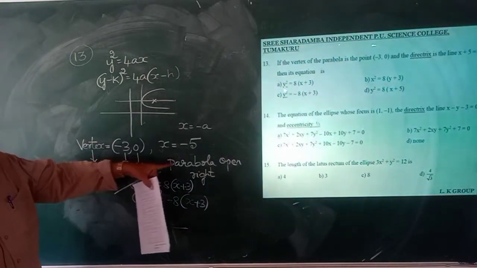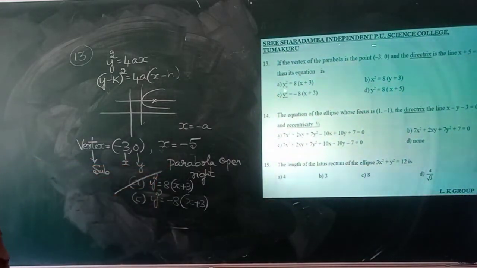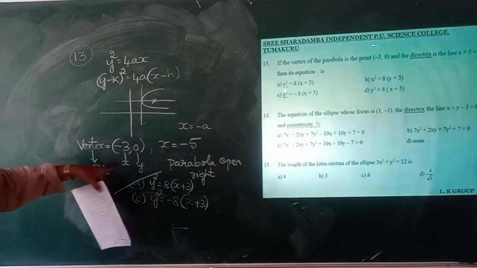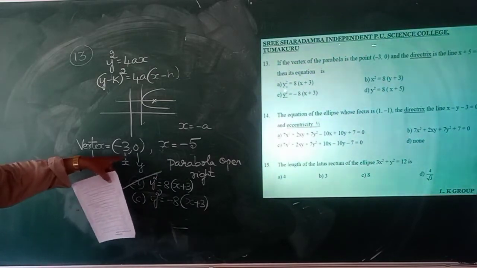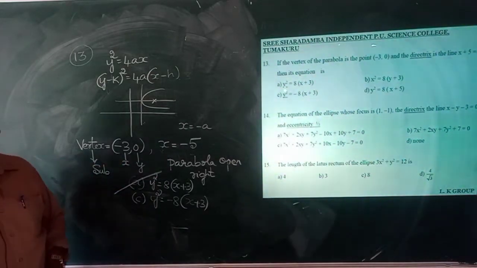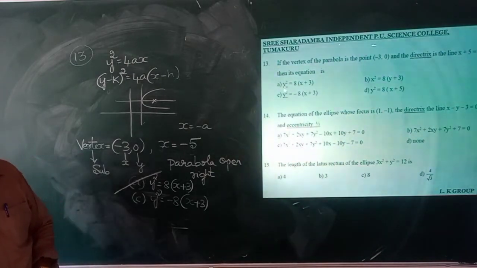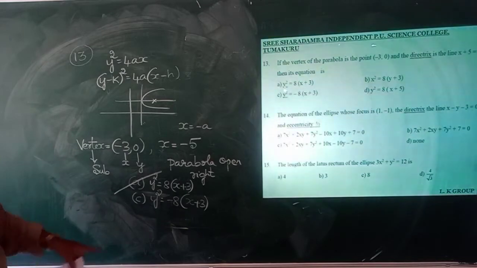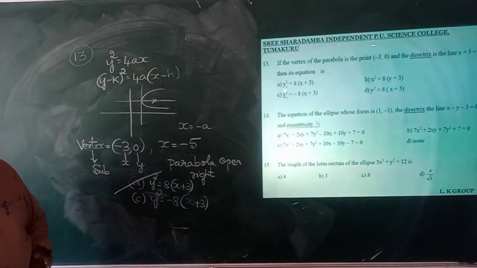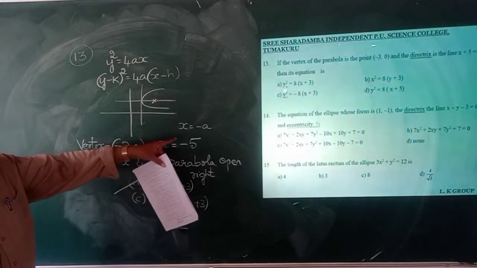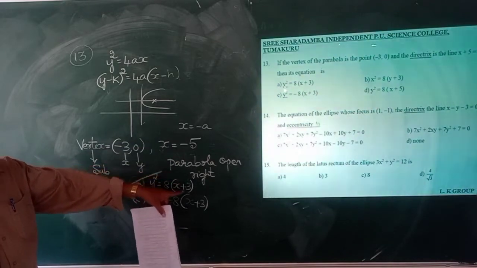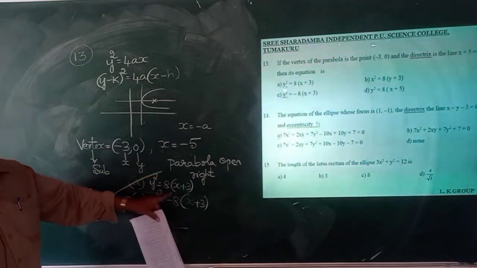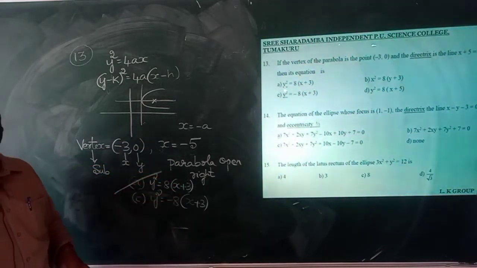So the vertex is given and the directrix is given. Whenever the vertex is given, substitute (minus 3, 0) in the options. Options A and C satisfy, but x is equal to minus a means the parabola opens right. So this will be y square is equal to 8 into x plus 3.